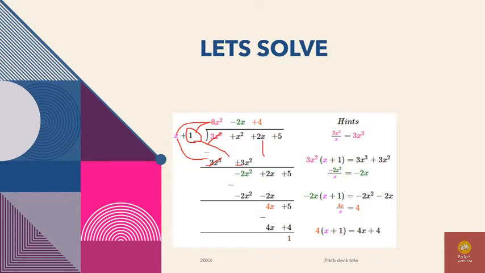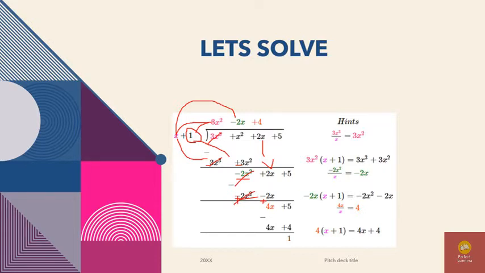The 2x comes down, plus 2x. Now x into minus 2x is minus 2x square, and 1 into minus 2x is minus 2x, and the symbol changes so it becomes plus. The minus 2x square and plus 2x square cancel.